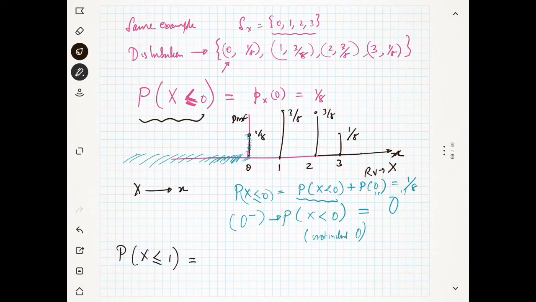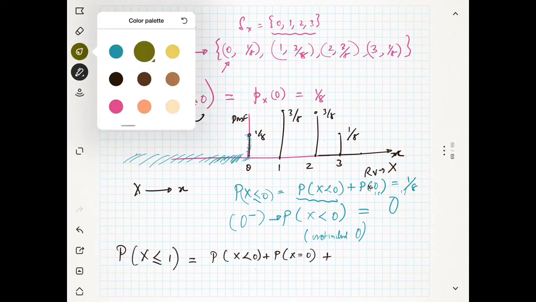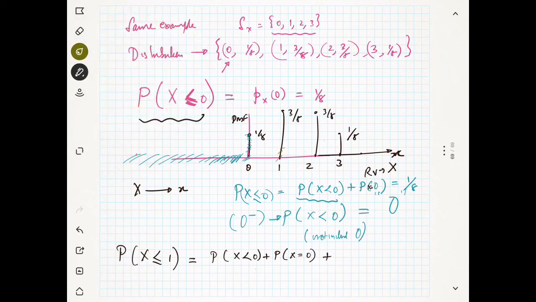It is the probability that x is less than 0 plus the probability that x equals 0. I have to include 1 and I want to take all the values before 1, that's why I have taken less than 0 and equal to 0.